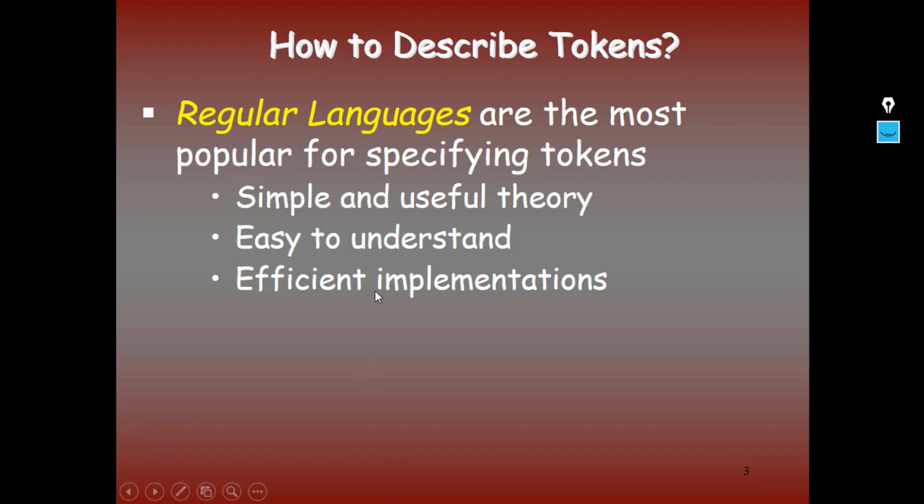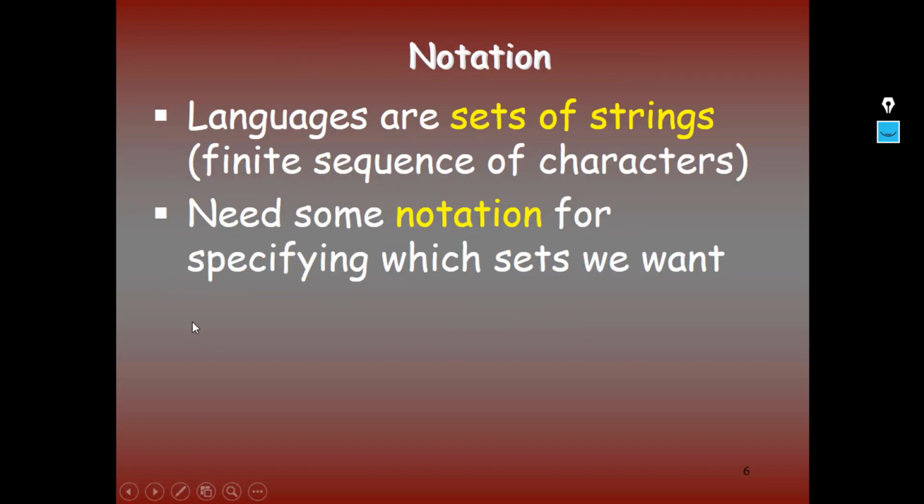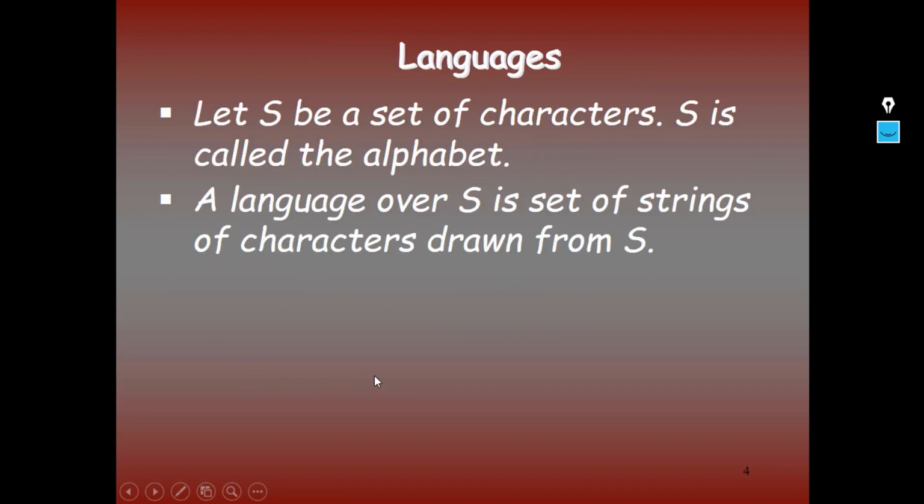So it's a very simple and useful theory, and it's easy to understand. Probably regular expressions are simpler than most of the concepts you would have encountered in finite automata. And its implementation is very efficient as far as the lexical analyzer is concerned. When we generate the lexical analyzer with a tool that uses these regular expressions to describe tokens, that implementation is very efficient. That means the lexical analyzer doesn't take much time, right?